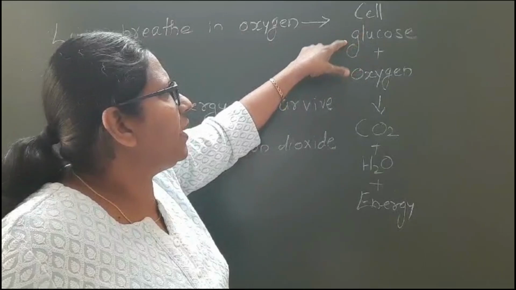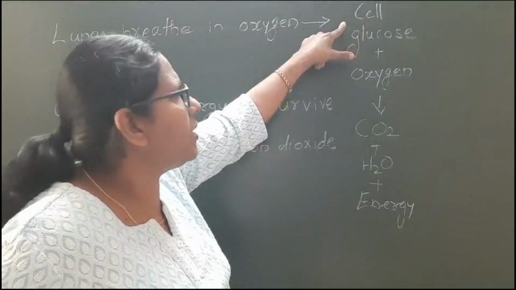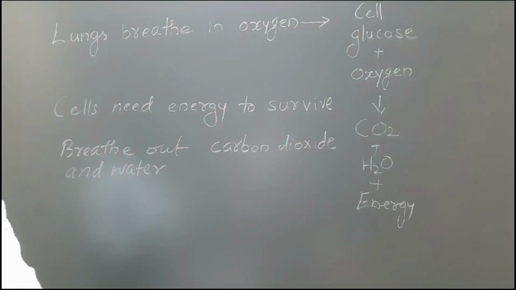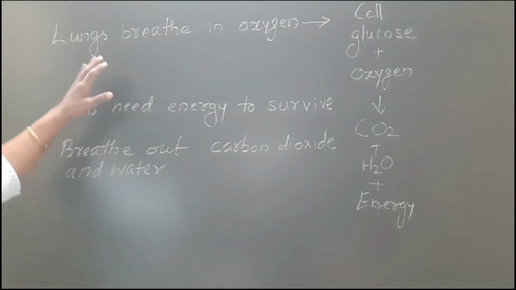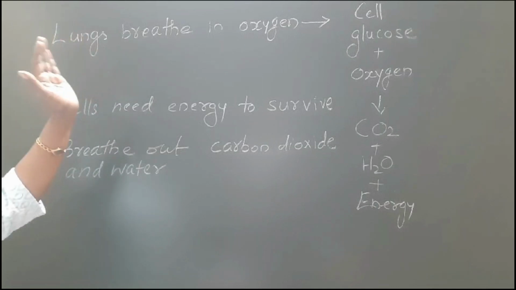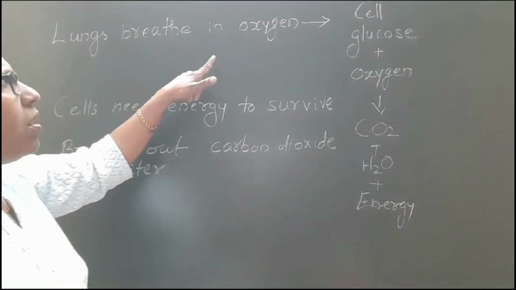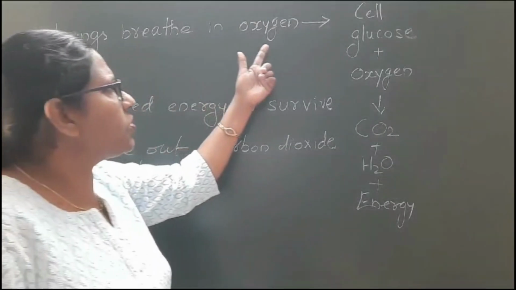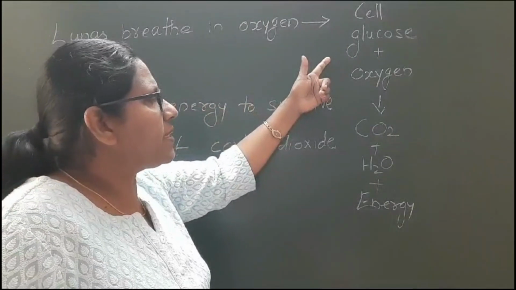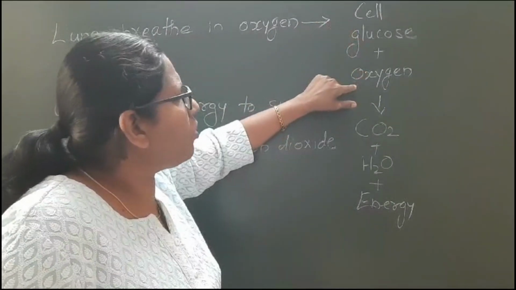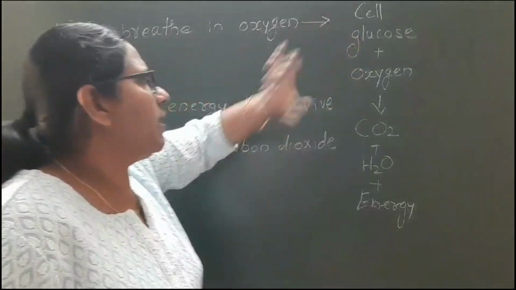So glucose is already present in the cell. Now in this lesson, the respiratory system, when we breathe in oxygen, that oxygen also gets into the bloodstream and to the cells. So glucose and oxygen are there in the cells.